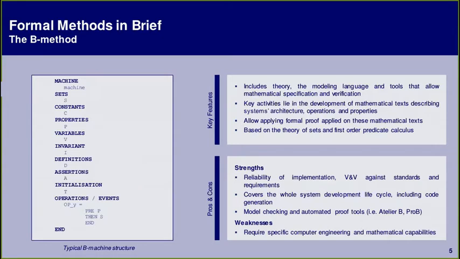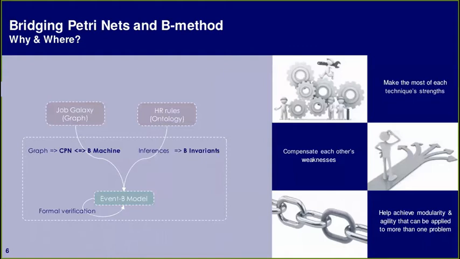But the weaknesses of this formal method require specific computer engineering and mathematical capabilities. We discuss in this work, through a use case addressing the design of a career planning ontology that meets a set of human resource rules, how such a subclass of CPNs integrating B method notations allows the construction and validation of ontology.